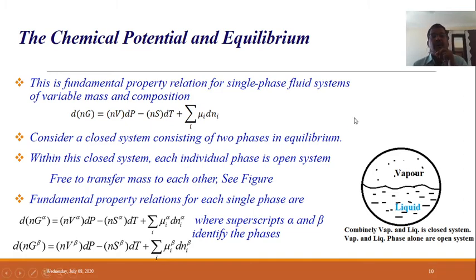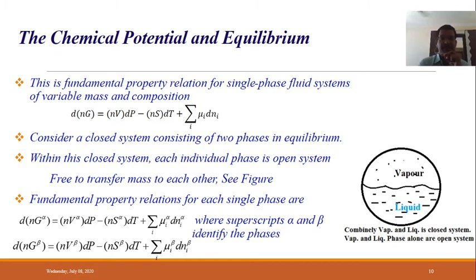Now we have seen the fundamental property relation for a single phase fluid with variable composition, that is d(nG) = (nV) dP minus (nS) dT plus summation of mu i dni. This is applicable for a single phase.